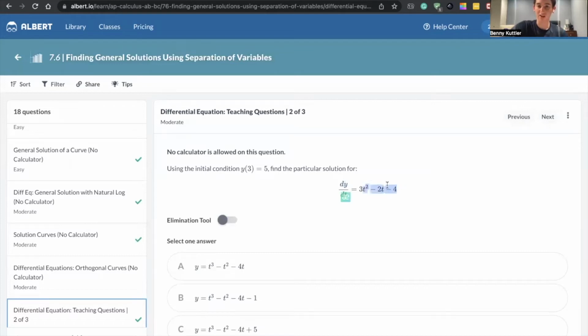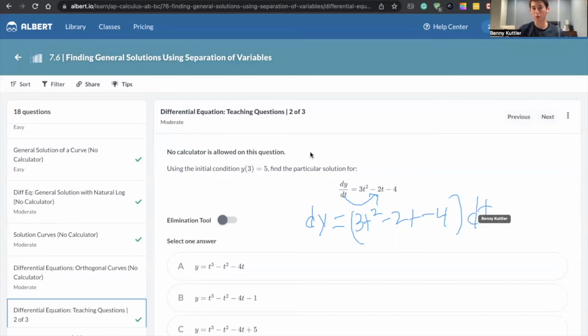Everything on this right side has a t in it, no y's except for this dy right here. So we're going to move this dt onto this side. And if there were y's on the other side, we'd move them onto this side. So this is the separating part of separate then integrate. Now we'll be left with dy equals 3t squared minus 2t minus 4, all times dt.